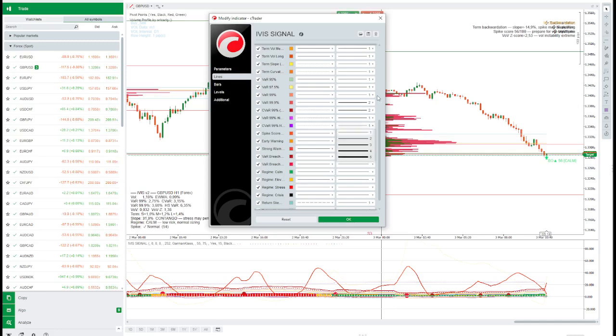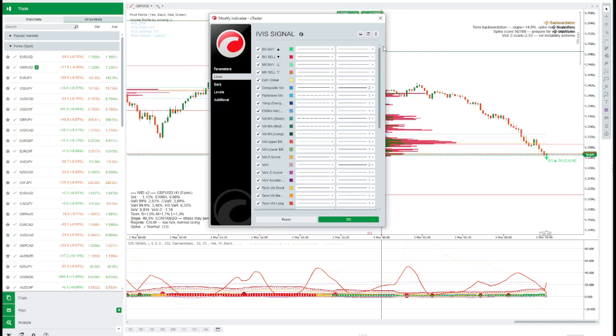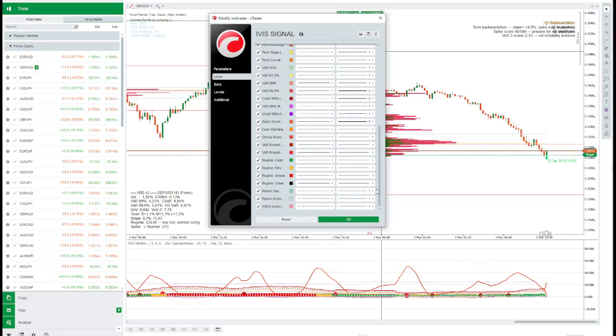There is value at risk, there is the slope of the term structure, and you can choose, you will have here, you see, breakout buy or sell signal, and you'll have MR, which is mean reversion, buy or sell signal. You'll have a measure of how volatility is stretching the Bollinger Band of vol.